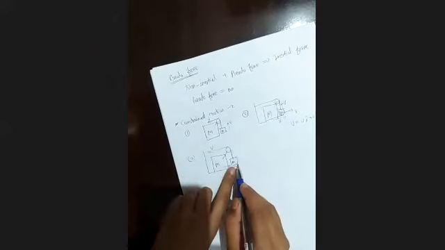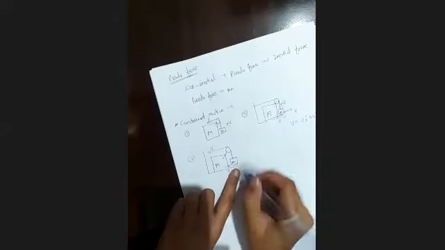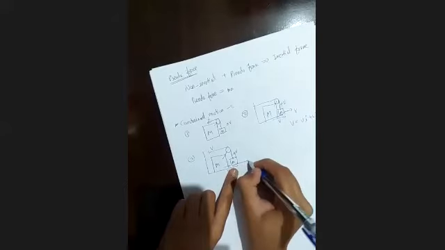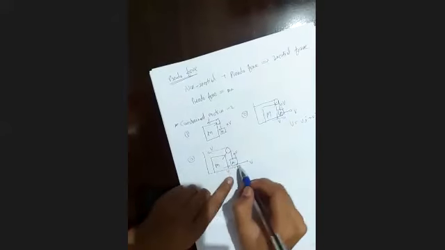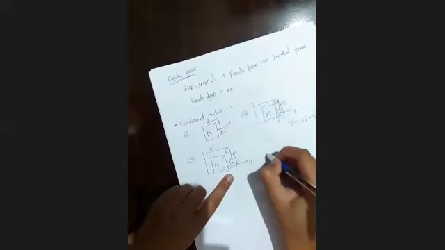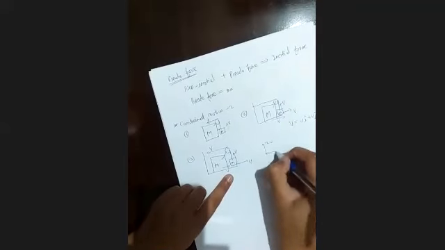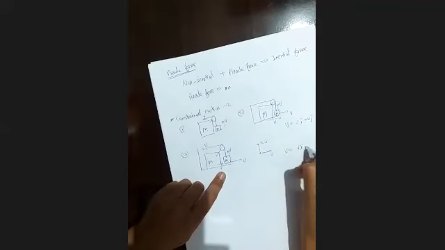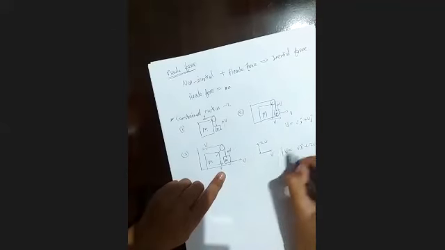So what is the velocity of this block? Then it will be v in this direction and v in this direction. So it is coming as v plus v, 2v upward and v in this direction. So it is coming as v i cap plus 2v j cap.